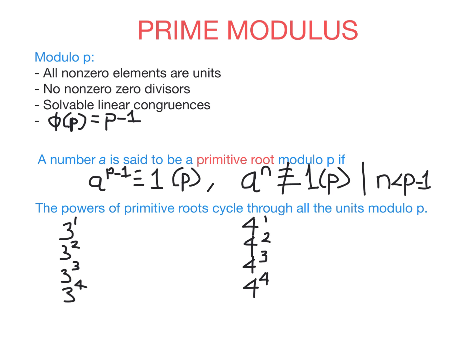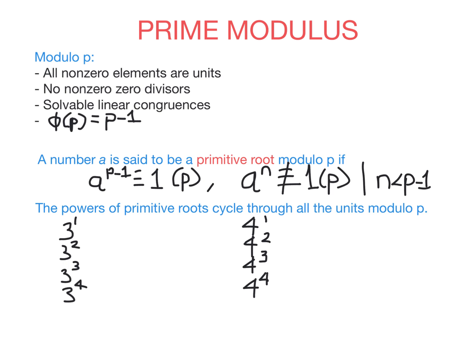So a primitive root is a number a that satisfies this and this. So what is this saying? Well, we know that modulo p, where p is a prime, this is true for any value of a: a to the power of p minus 1 is always going to be equivalent to 1 mod p.